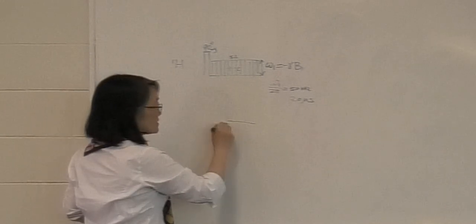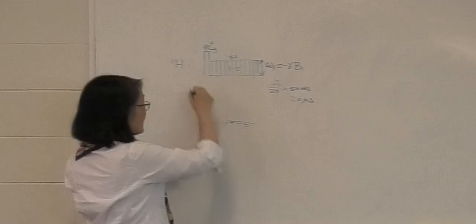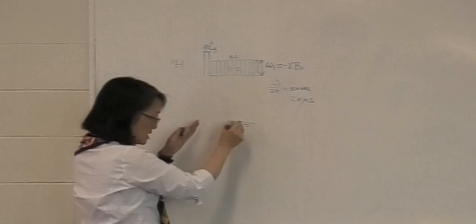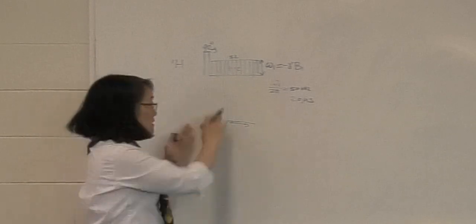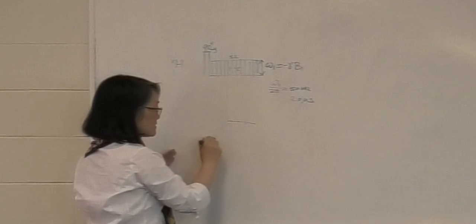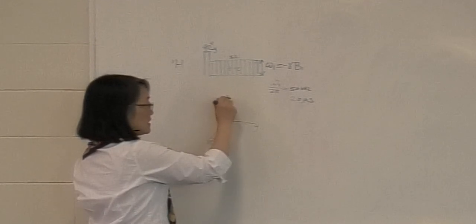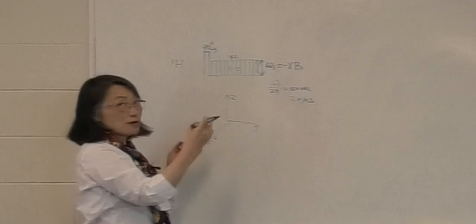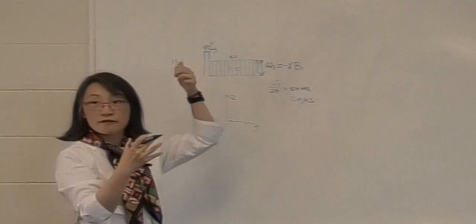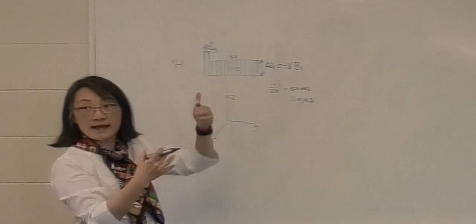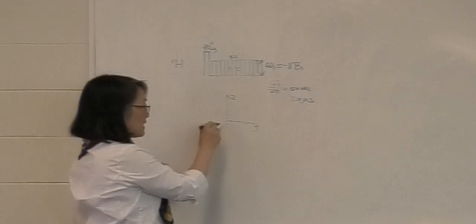Without the spin lock, after a 90 degree pulse you would put the magnetization along a certain direction. If you want to do X, that's fine. This is my X, this is Y, this is Z. Then that's the free precession. The free means H0 is again in control, and the magnetization runs away.